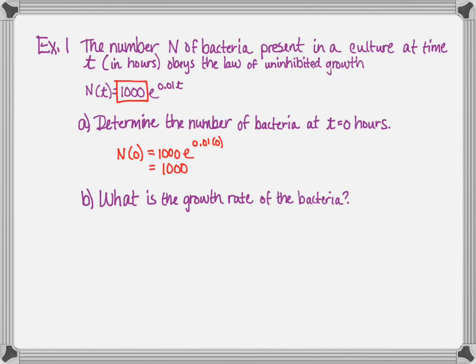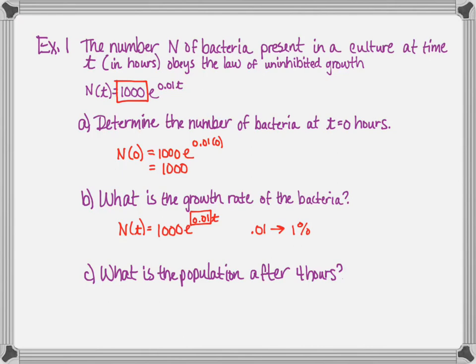Second, let's find the growth rate of the bacteria. Given that our formula is N(t) = 1000e^(0.01t), this 0.01 is our growth rate, and that corresponds to a growth rate of 1%.